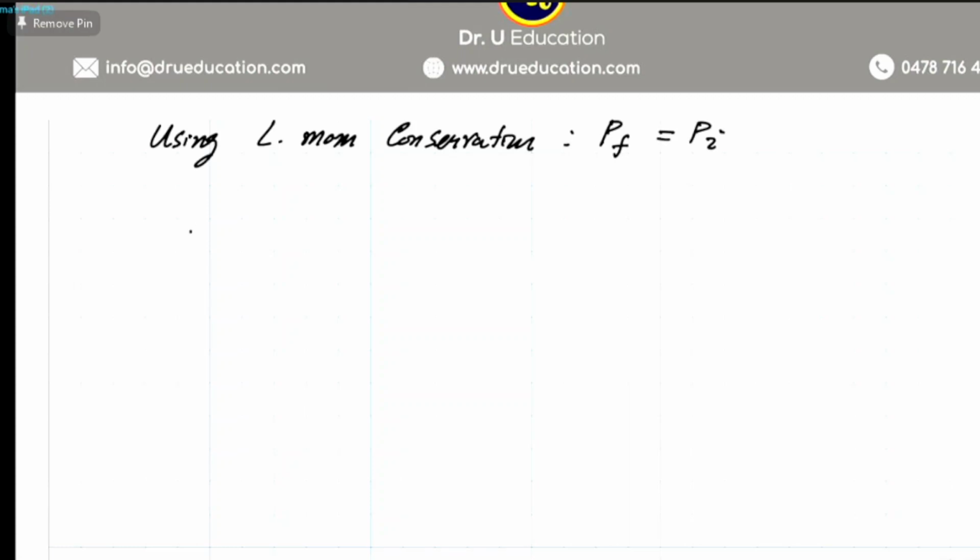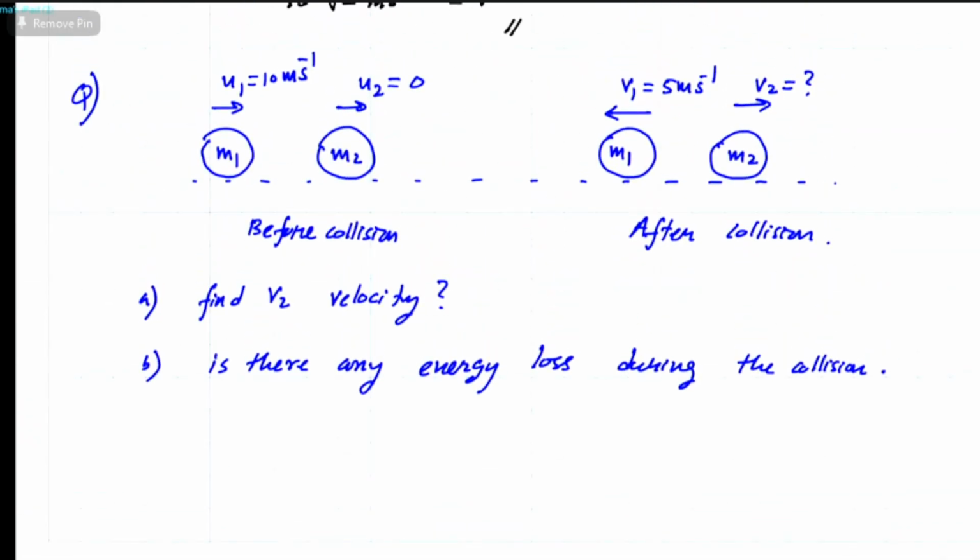Now the first one is M1 U1 plus M2 U2, and then minus M1 V1 plus M2 V2. Why minus? Because that one is opposite. The rest of the stuff are in the same direction. Okay?